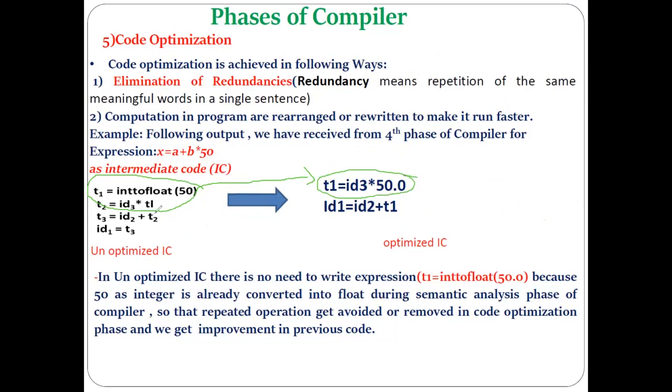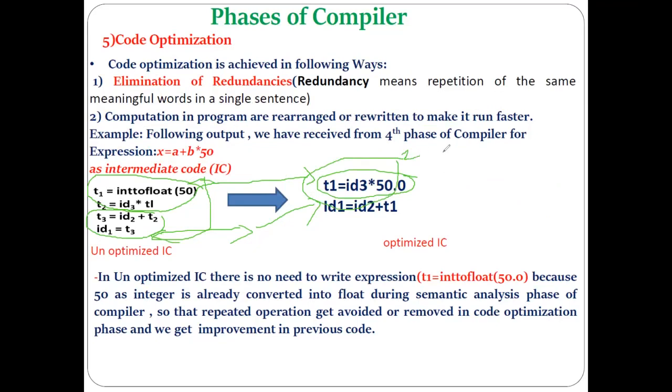Understood? And for these two instructions we can write only the single instruction, id1 equal to id2 plus t1, and its meaning is same as these two instructions. Understood? So we have converted these four intermediate code instructions into two instructions only.